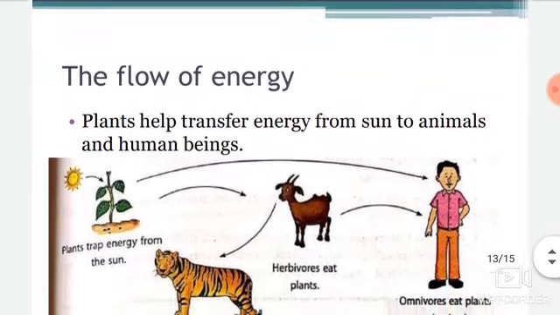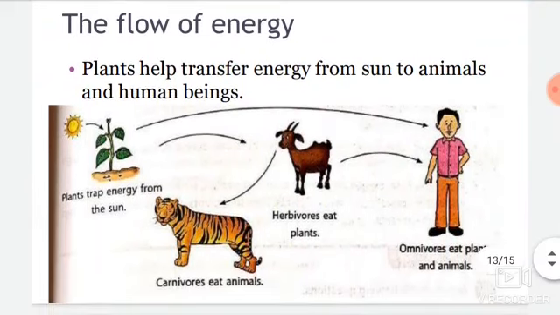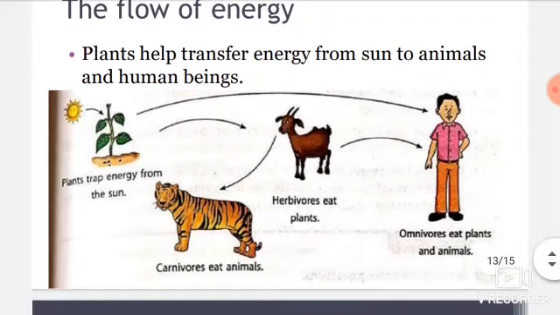Now we will discuss the flow of energy. The flow of energy can be explained by giving this example in the form of a diagram. The green plants, which are known as the producers, can produce their food themselves with the help of sunlight, water, carbon dioxide, and chlorophyll. When these green plants prepare their food, this food can be consumed directly or indirectly by consumers.